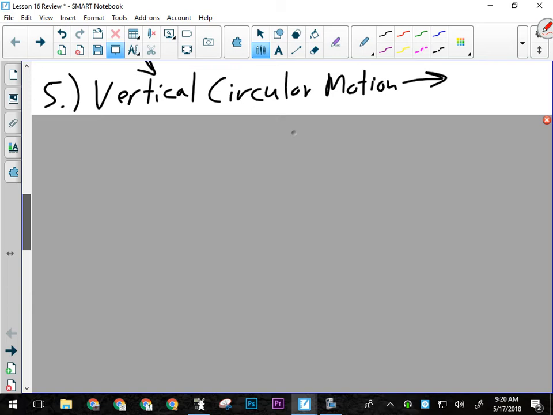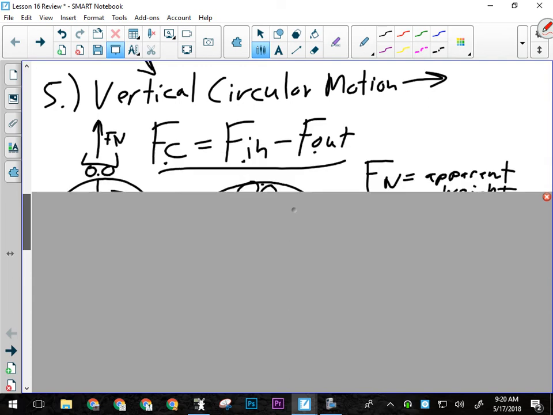In vertical circular motion, both the velocity and the speed are always changing because gravity is now involved. The bottom of the circle is where we move the fastest. The top of the circle is where we move the slowest. What is our general rule for solving all vertical circular motion problems? Fc equals forces in minus forces out. As long as we can remember that and draw our free body diagrams, we're good.